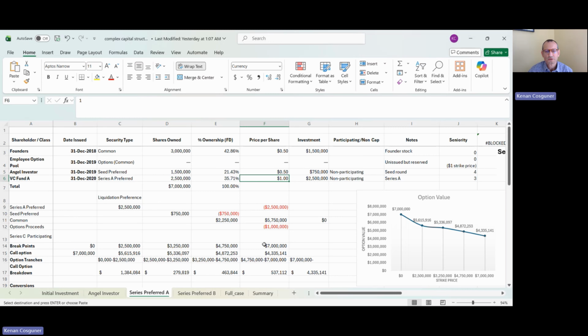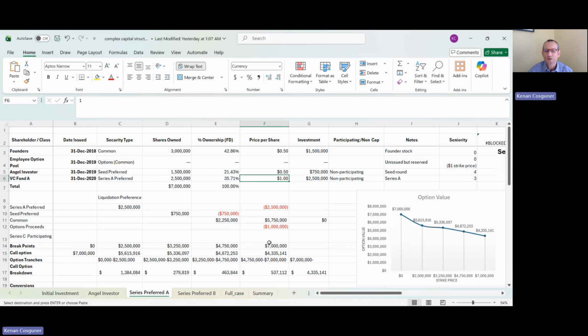At this point, they give up their liquidation preference, but they convert into common shares and own 2.5 million common equity. At the same time, call option owners have incentive to exercise their rights.